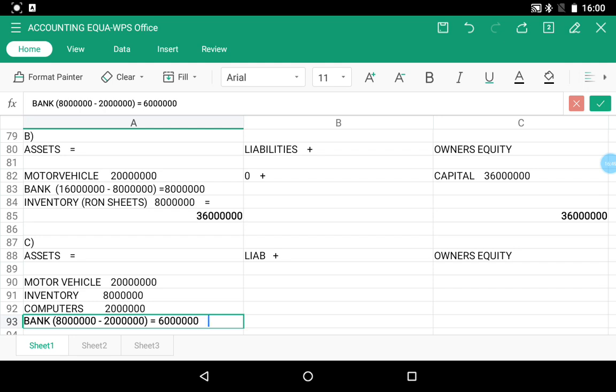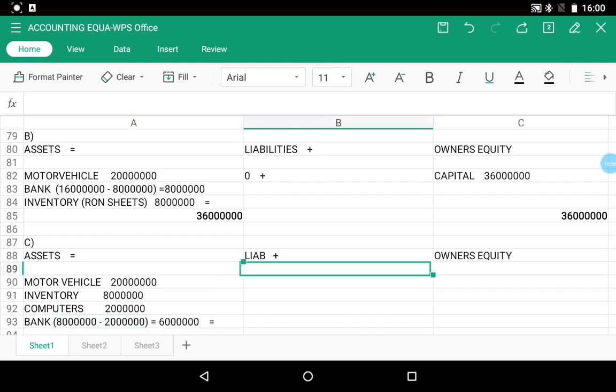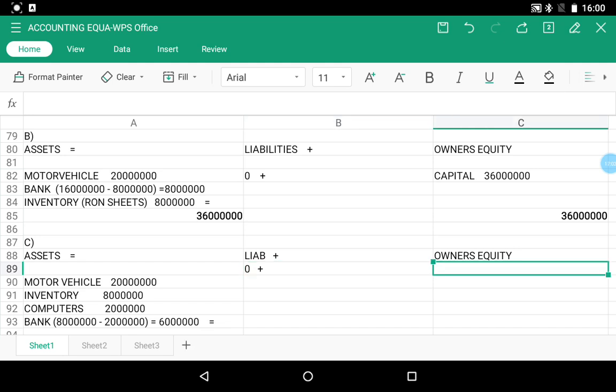So still it is equal to, remember it is assets is equal to liabilities. When you check under liability, we don't have any, plus owner's equity, we have capital worth 36 million.